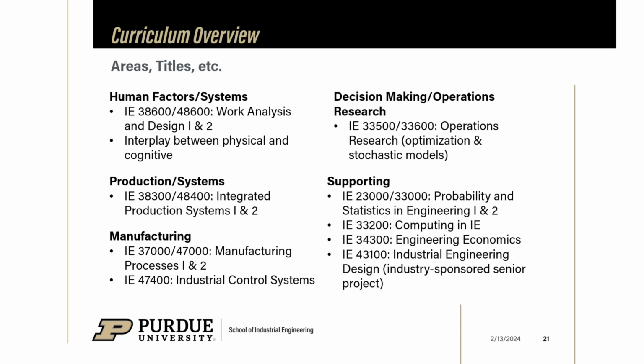And then what I think is a really great additive for our program is our senior design project. It is always an industry-based senior design project. You're not coming up with something on your own. It's not hypothetical. We have industry partners that we get real problems that they have at their companies they need solving and they don't have the bandwidth to solve it, or they're looking for an IE perspective or any other circumstance.